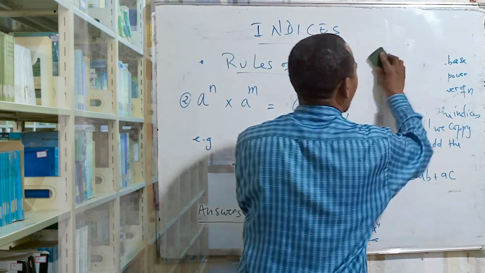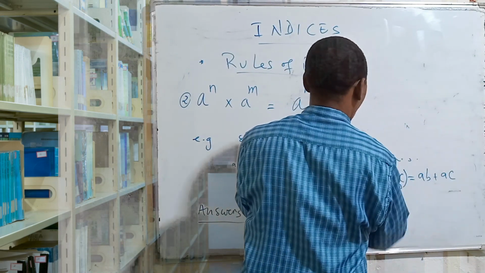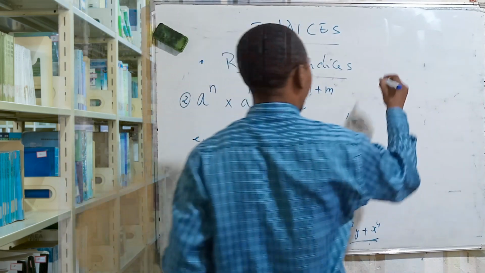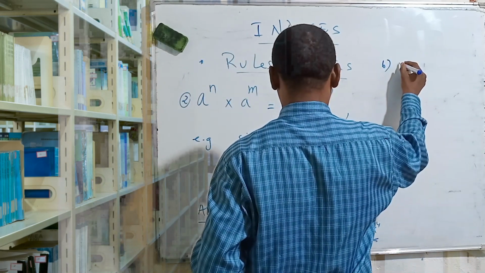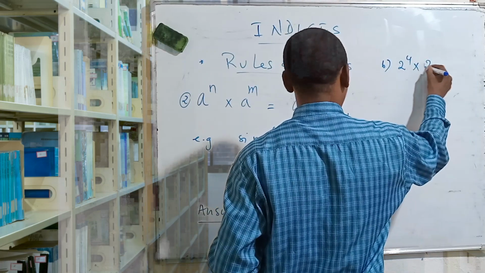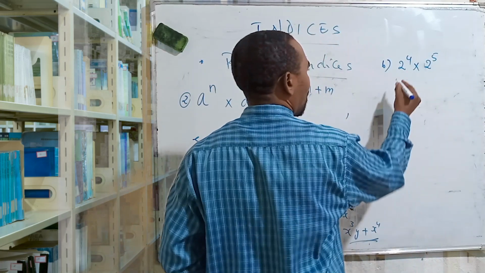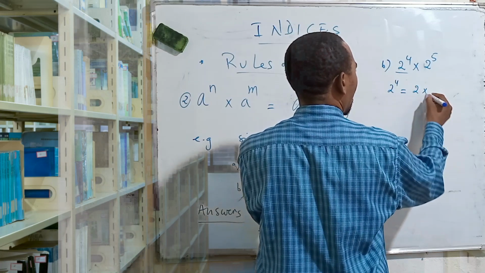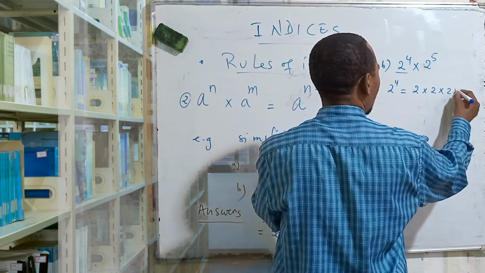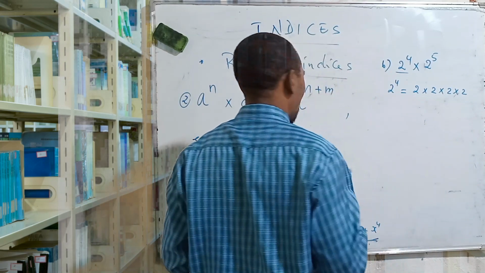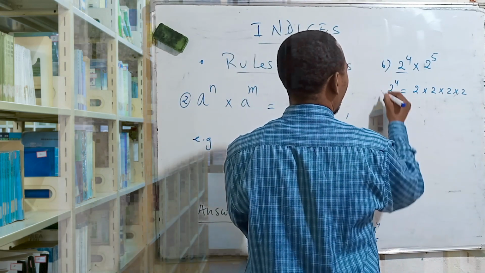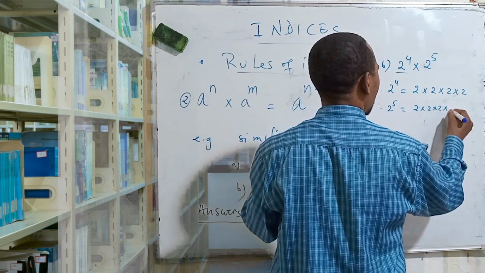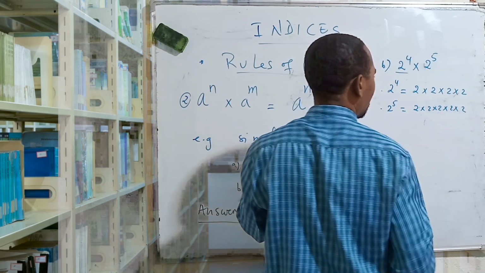Number 2. 2 power 4 times 2 power 5. This 2 power 4 itself is 2 times 2 times 2 times 2, 4 times, by using the first property. 2 power 5 is 2 times 2 times 2 times 2 times 2, 5 times.